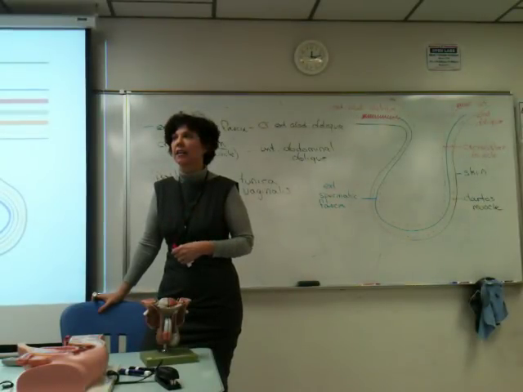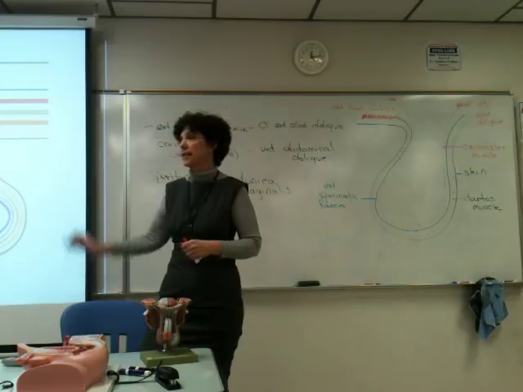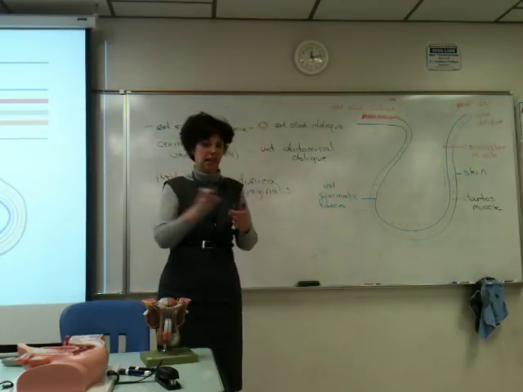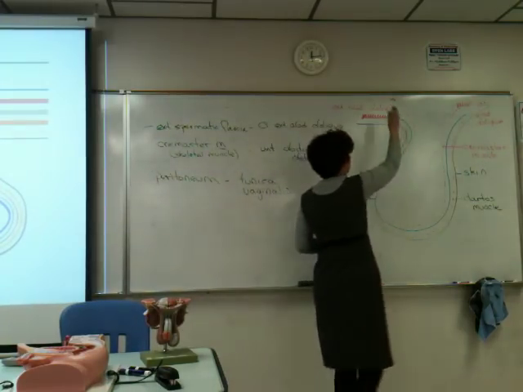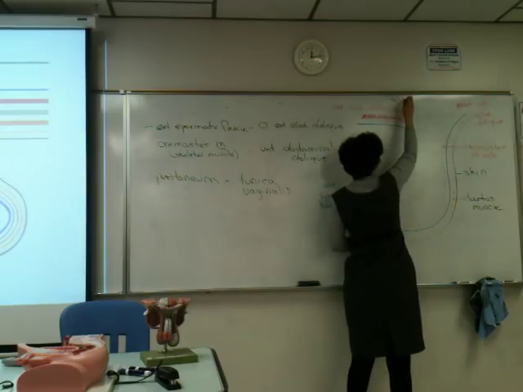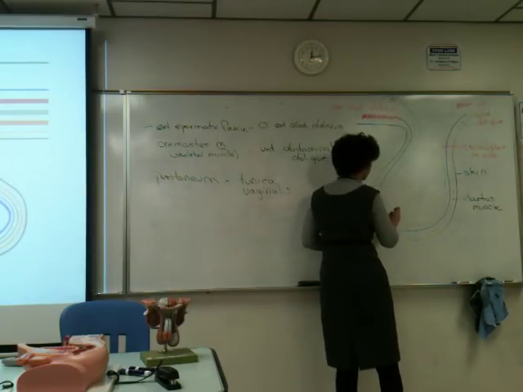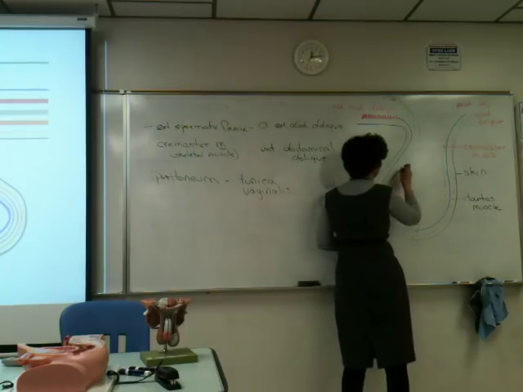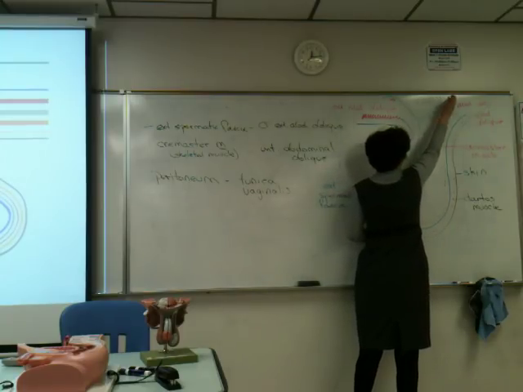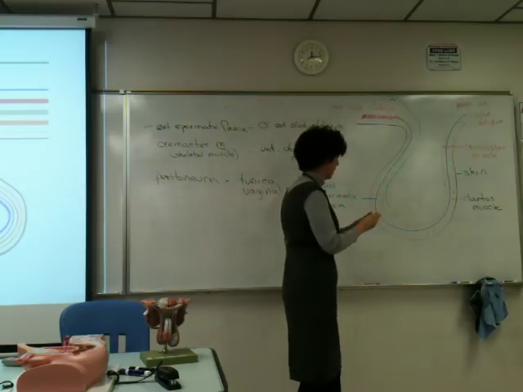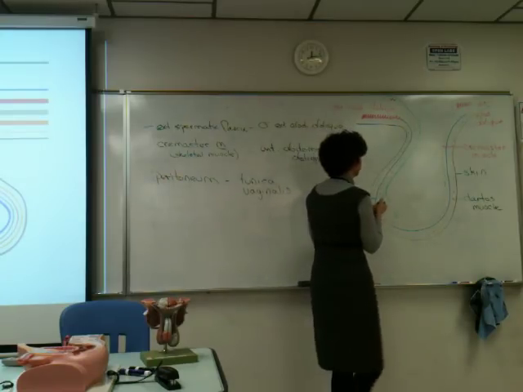Parietal is attached to the body wall, and attached to the organs would be visceral. So this is a serous membrane that's attached to the deep surface of the abdominal muscles. And remember, it comes in only on the anterior surface. It does not completely surround the testis.